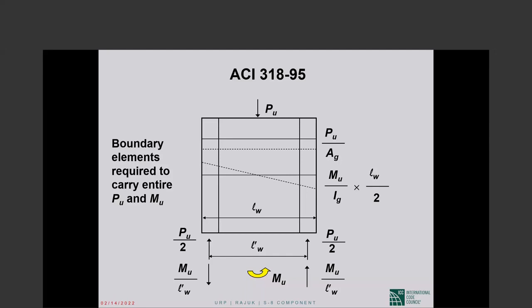So you have been designing by this old procedure up until now. I don't know how many people have already designed by BNBC 2020. So what I am showing you out of ACI 318-95 is probably the way all of you have designed shear walls so far.